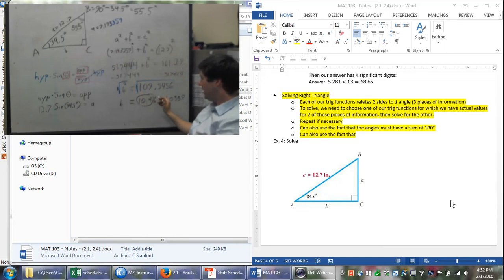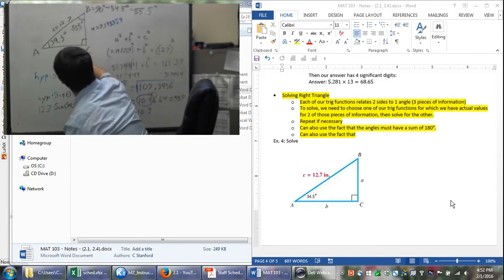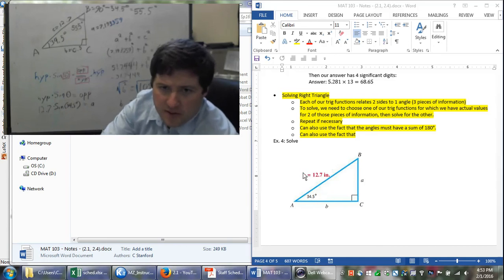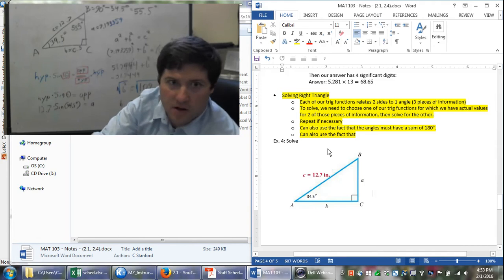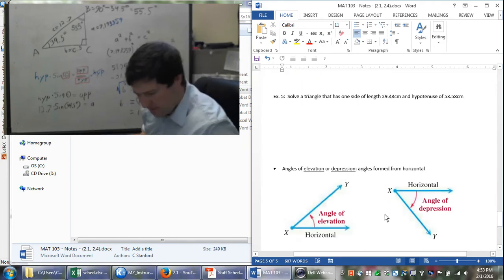We still don't know b. 12.7 squared I can calculate pretty easily on my calculator: 161.29. And then I just subtract. On the left, that cancels, and I've got b squared.